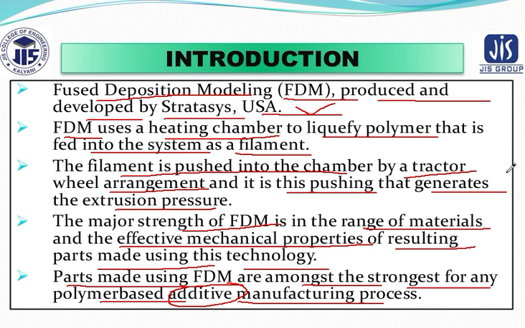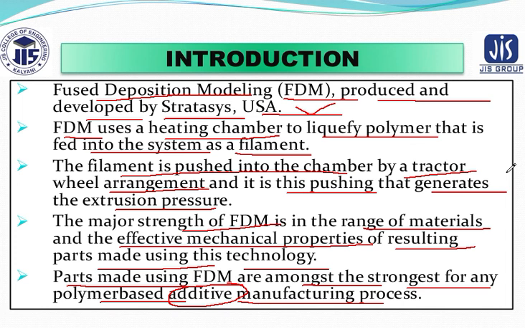Now if you have gone through a lot of additive manufacturing processes, like I have already discussed stereolithography and selective laser sintering, and today I am discussing fused deposition modeling. Later I will be discussing laminated object manufacturing, or 3D printing, whatever may be the product generated by the additive manufacturing process.